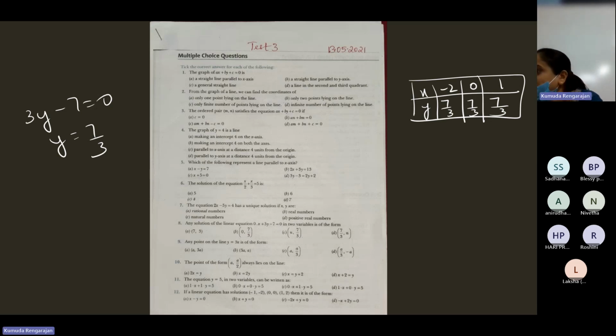Any value for x, 7 by 3. So the correct option is C, N, 7 by 3.